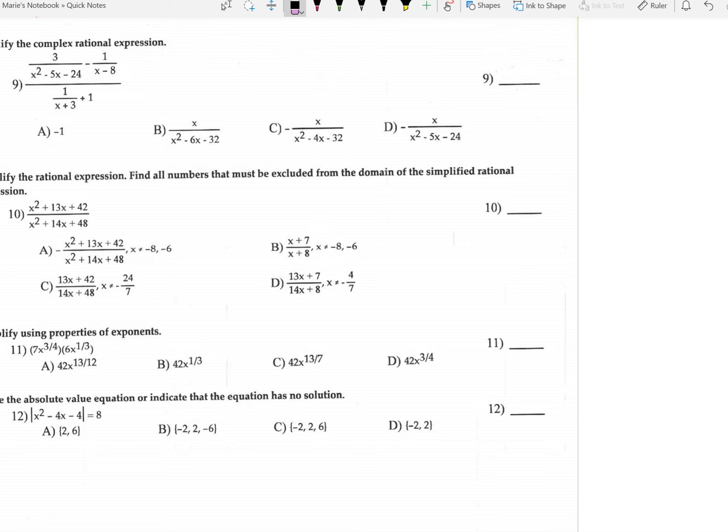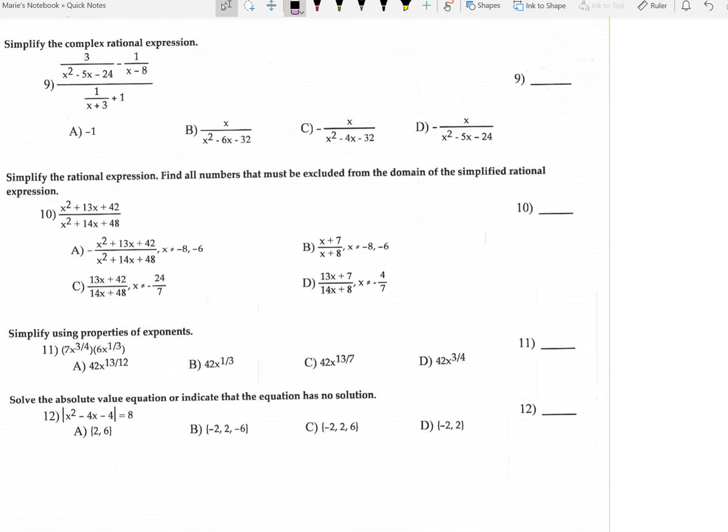Okay, so for this one, it says simplify the rational expression, find all numbers that must be excluded from the domain. And so what I would recommend for this one is start with the numbers that you would exclude. So I'm looking at that denominator, and I'm thinking the value has to be 14 and 48, so I'm thinking x plus 6 and x plus 8 would give me that denominator.